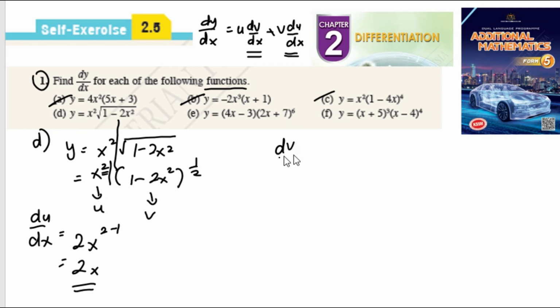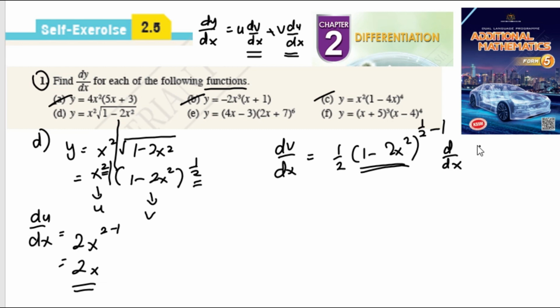To differentiate this one, you have the power here, you bring the power forward, so you have half times 1 minus 2x squared, and then the power needs to be minus 1, so half minus 1. You don't touch the inside of the bracket first because you will differentiate it later.